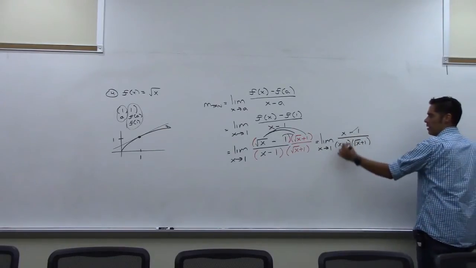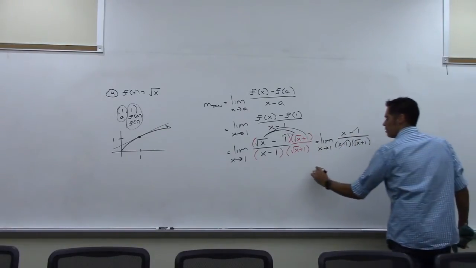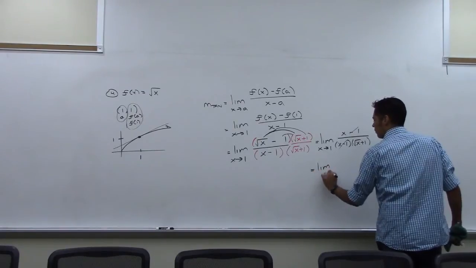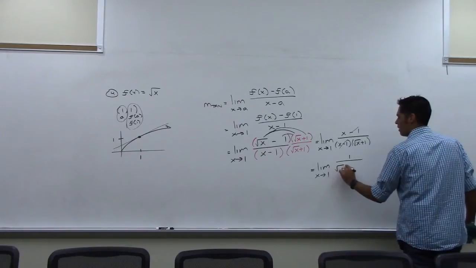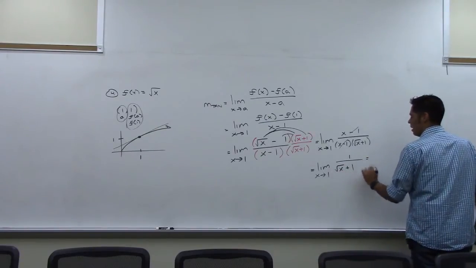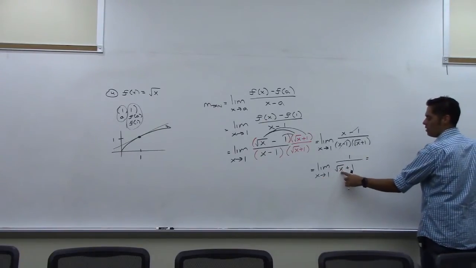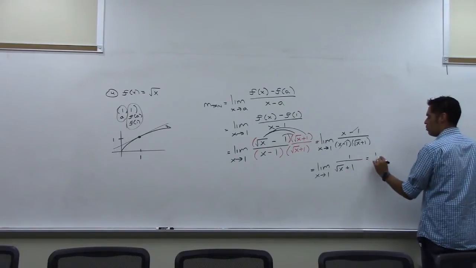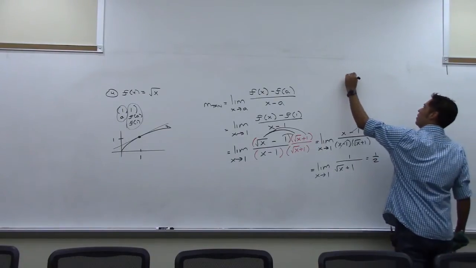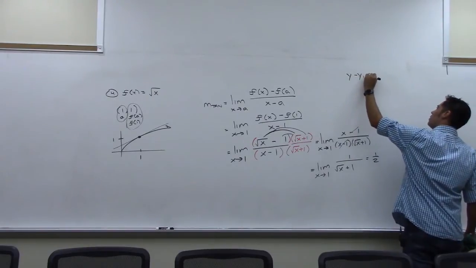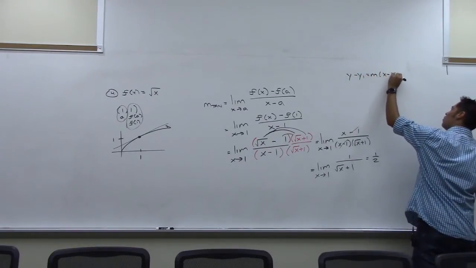And you can see here we get canceling there. So we get limit, x goes to 1, a 1 on top, and we still have root x plus 1 on the bottom. If you plug in 1 now, root 1 is 1, 1 plus 1 is 2, so this is just 1/2.